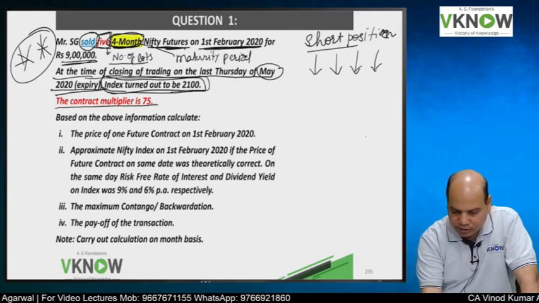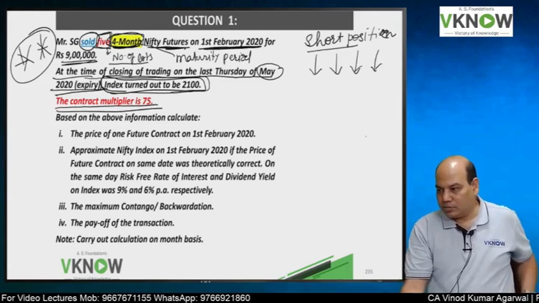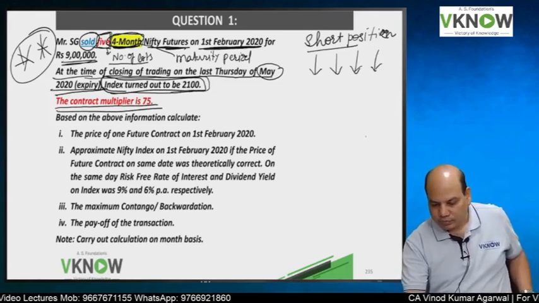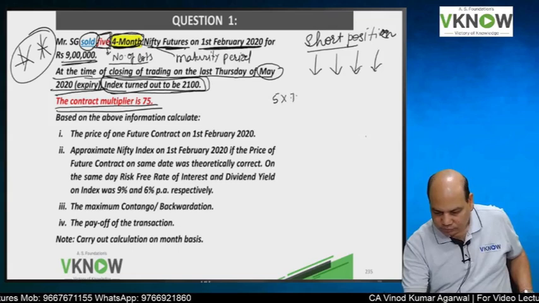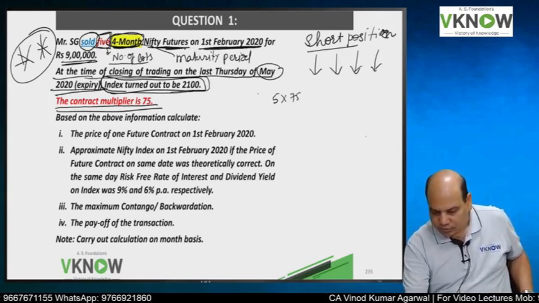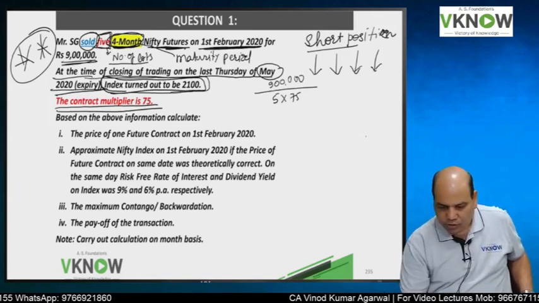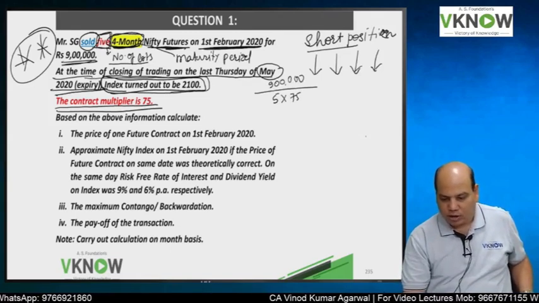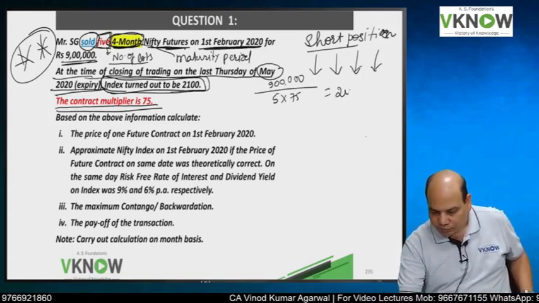The contract multiplier is 75, which means for one lot you have 75 units. So he has bought how many lots? 5 lots, 375 units, and he has taken it for 9 lakh rupees. The 9 lakh divided by 375, how much? 2400.